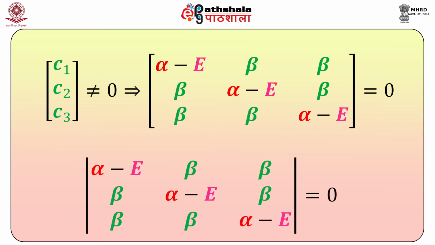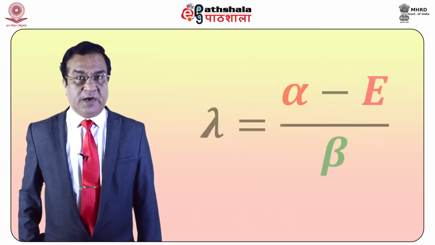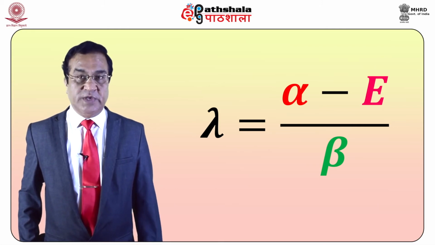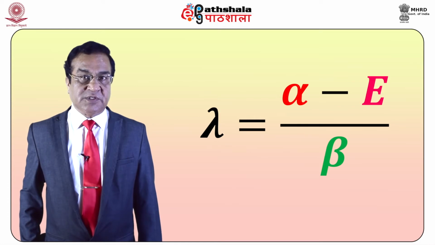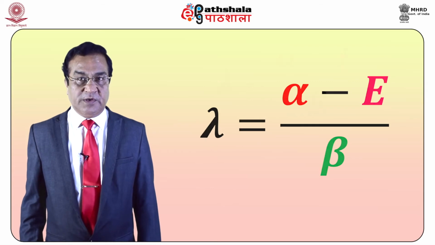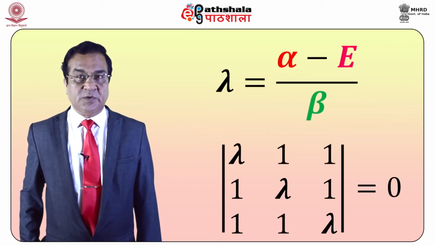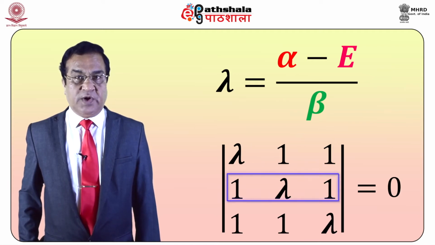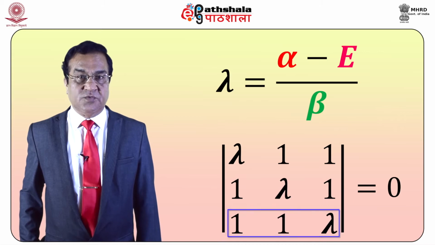Now in this Huckel determinant, to further simplify it, we make the following assumption: alpha minus E upon beta is taken to be equal to lambda. Once we substitute, the Huckel determinant simplifies to the following form: the first row is lambda 1 1, the second is 1 lambda 1, and the third is 1 1 lambda, and this has to be equal to 0.